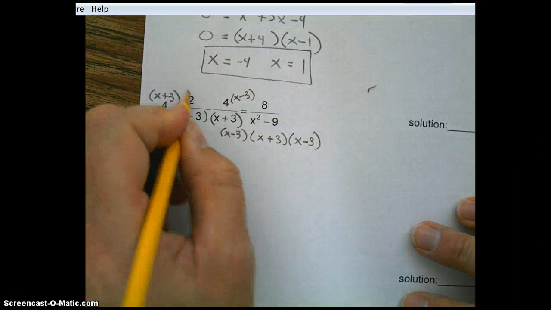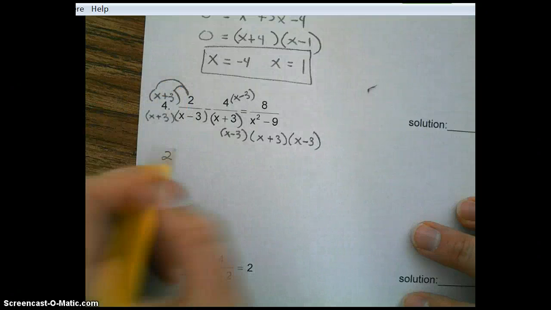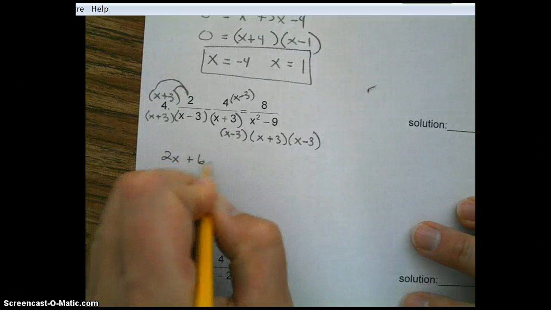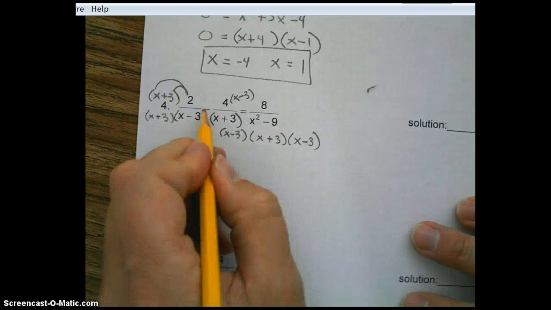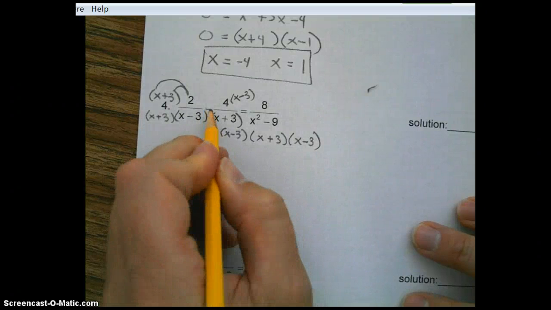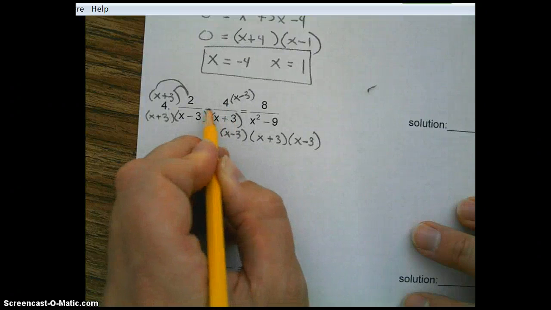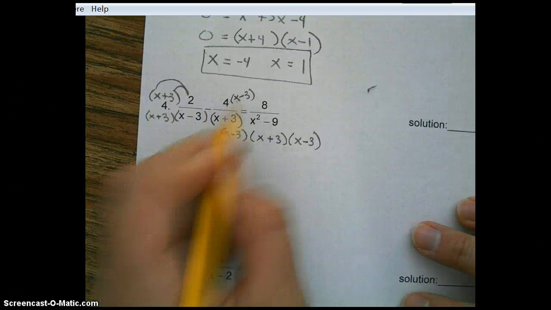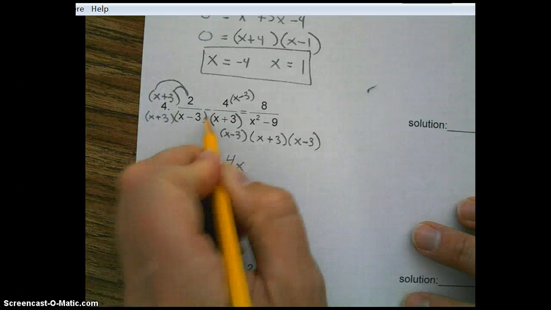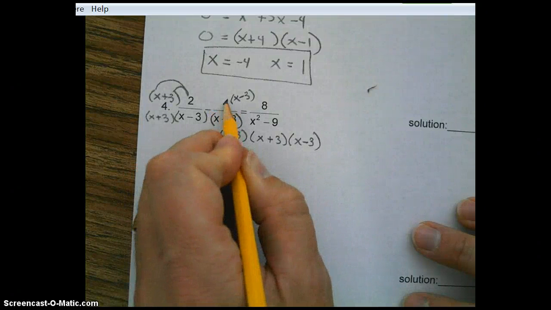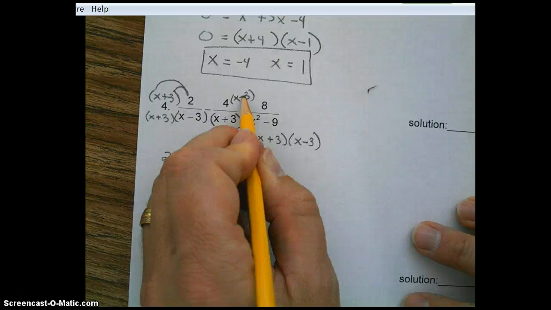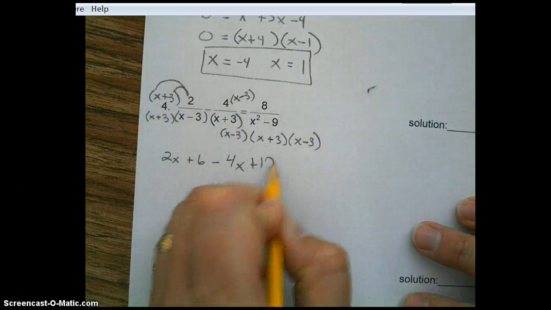But I'm going to distribute here. Now we're subtracting. Be careful. This is negative 4 minus negative 4 times x. Negative 4 times negative 3 is a positive 12.